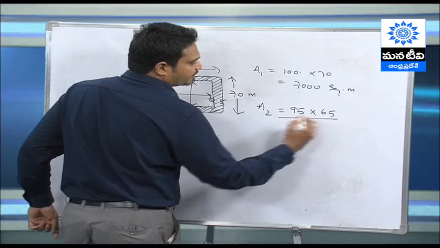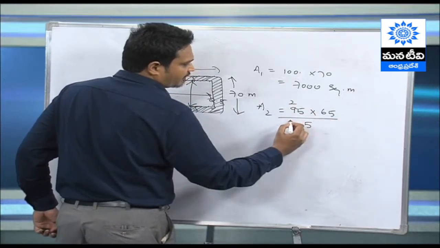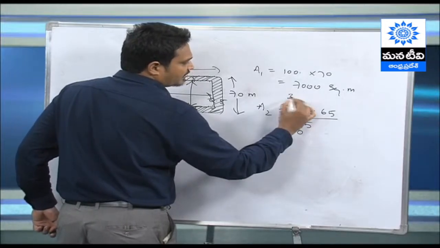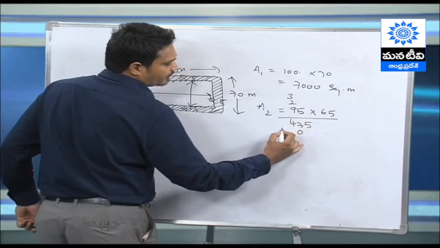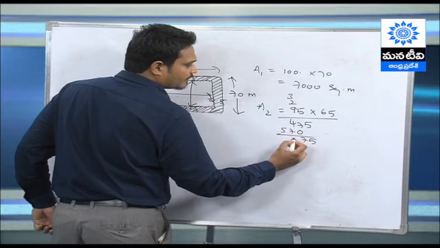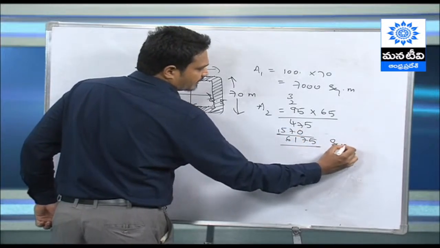So 95 into 65, which means 5 5s are 25, and 5 9s are 45, 47. Now 6 5s are 30, 9 6s are 54, 57. Now it is 57, 11. 6175 square meters.